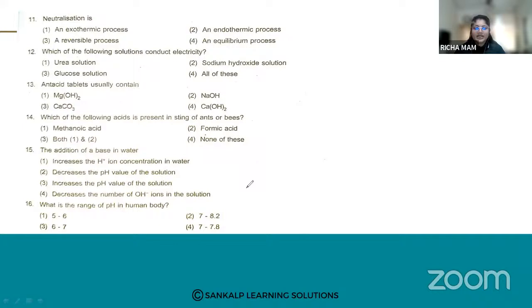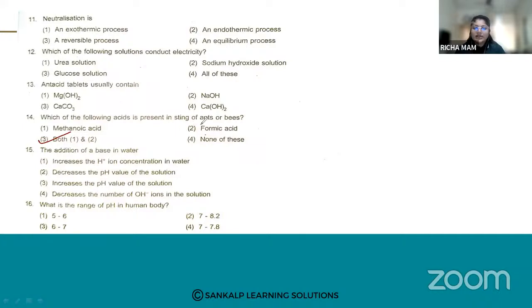Methanoic acid, formic acid, both 1 and 2, or none of these. Formic acid and methanoic acid, both names are the same. Formic acid is also called methanoic acid. That is HCOOH, the formula of methanoic acid or formic acid. So the answer is the third one, both 1 and 2.